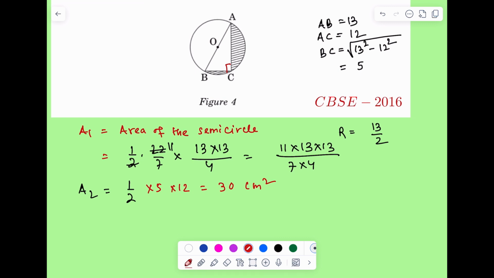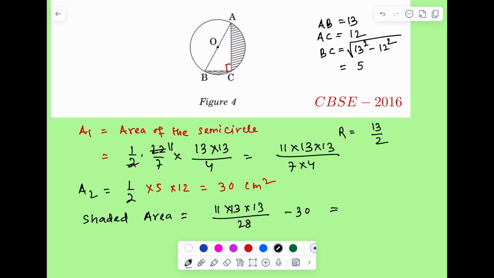So now the shaded area will be equal to 11 into 13 into 13 by 28 minus 30.